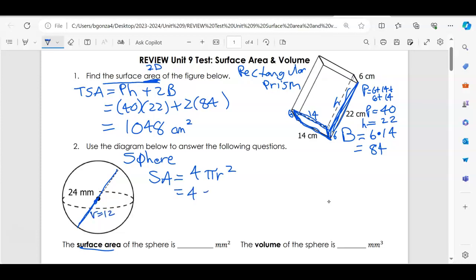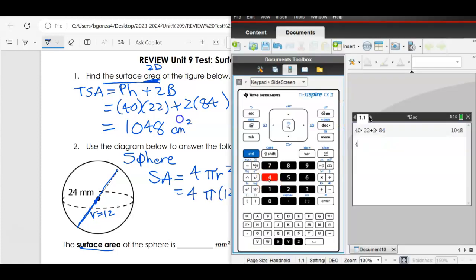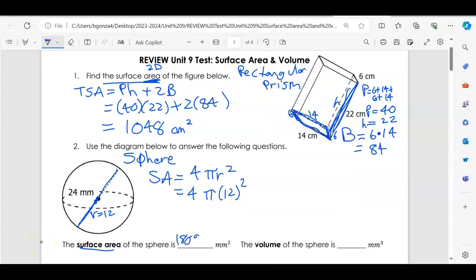So it's going to be 4 pi 12 squared. So 1809.56, and that is millimeters squared.